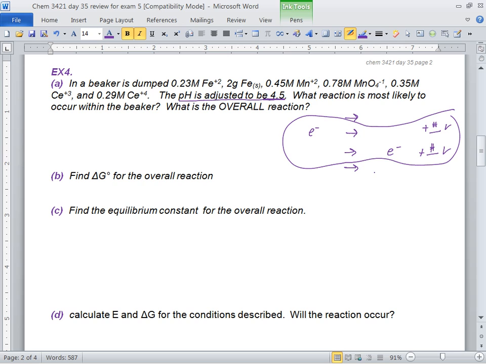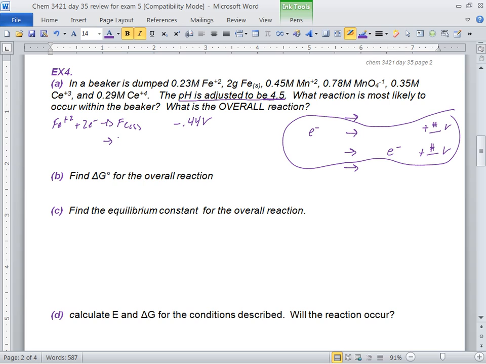So let's start, and we can just list them all out. You can list them all out as reductions, and then we can see in our head once they're all in the same spot. Just copy them all from the table. I've got Fe2+ plus 2 electrons going to Fe solid, and that is negative 0.44 volts.